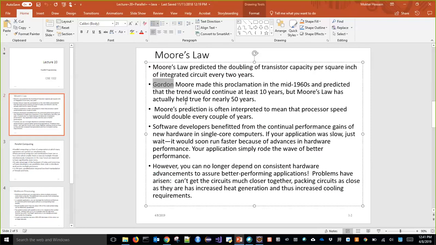He just predicted that, and Moore also predicted that the trend would continue until the 1970s or 80s. But still, after 50 or 60 years, Moore's prediction is still going on.